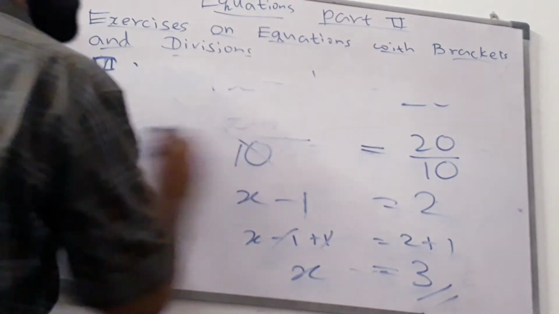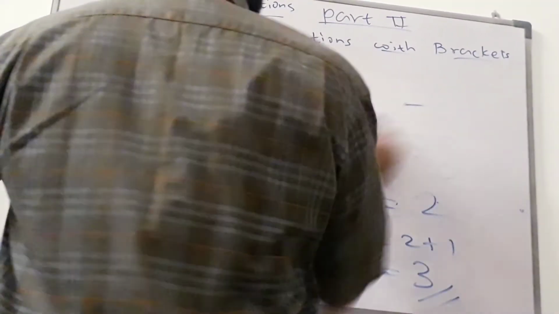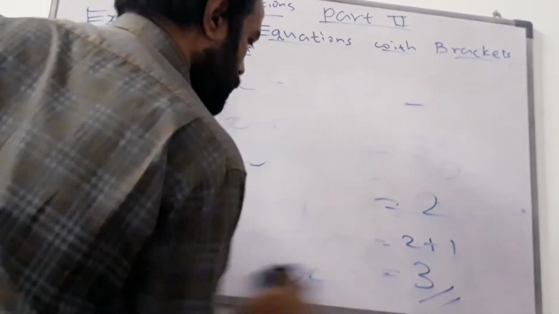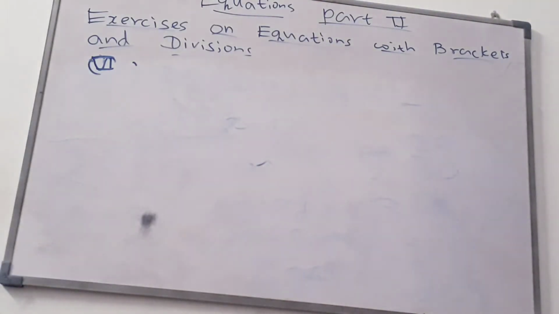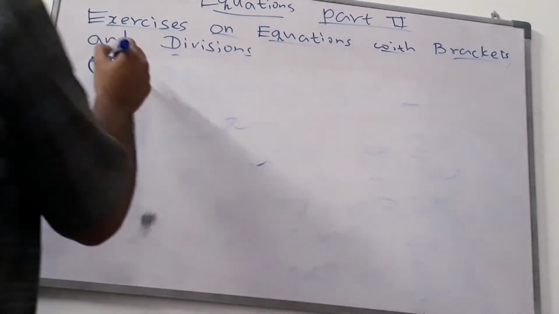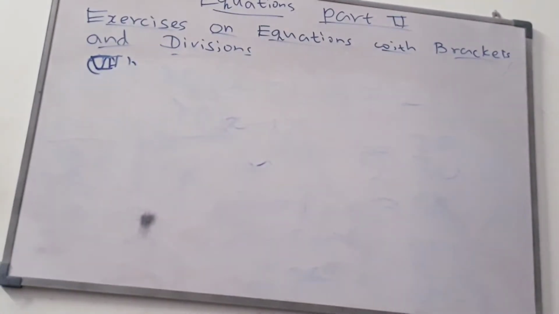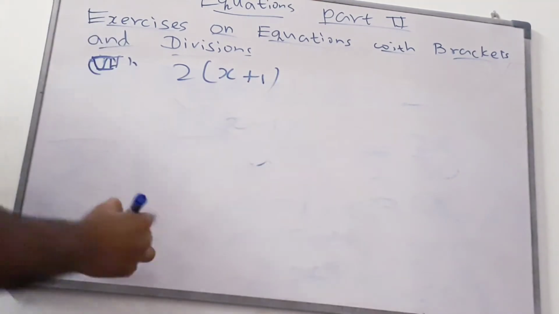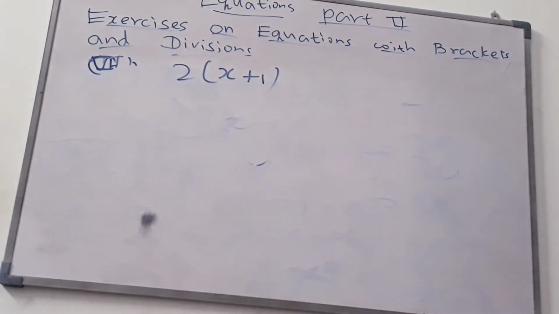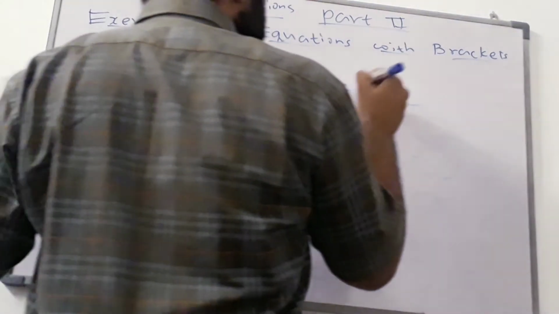Next. Next is 7th sum, I suppose. Twice (x plus 1) equals minus 2.